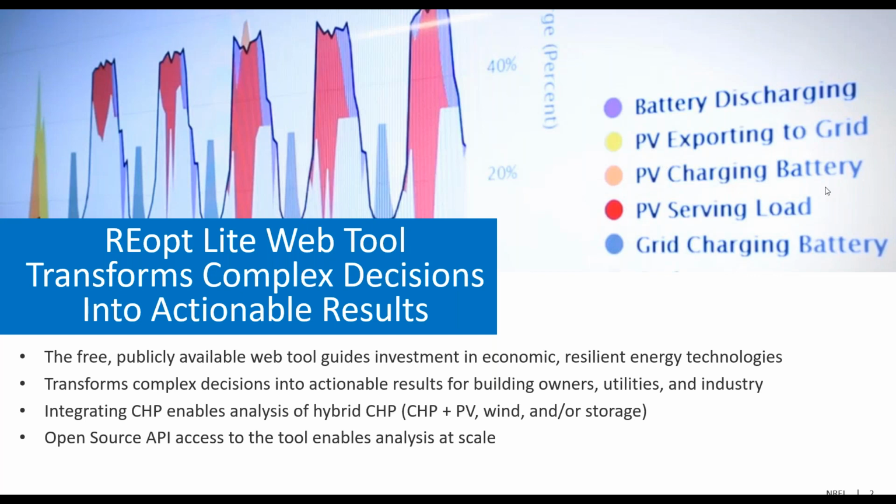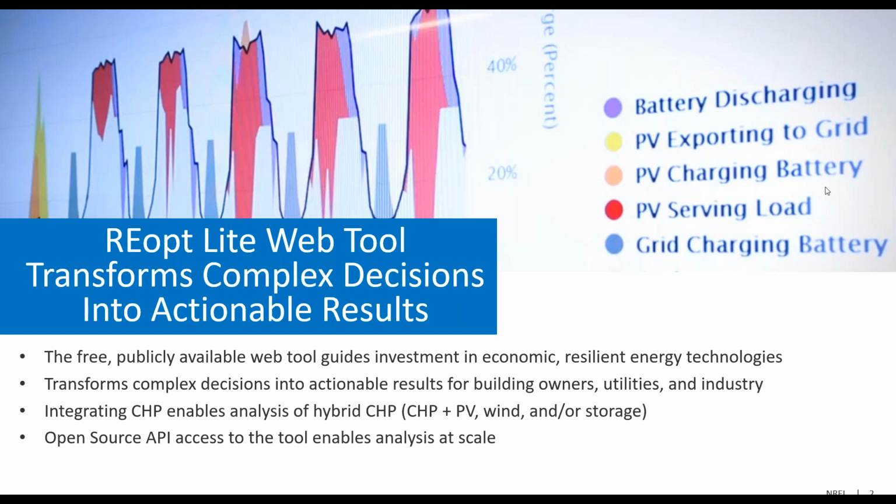All right, so diving in, REopt Lite is a free, publicly available web tool that's used to guide investment in economic and resilient distributed energy technologies. The first release of the REopt Lite model a couple of years ago, which was funded by the Department of Energy's Federal Energy Management Program, modeled solar PV, wind, and battery storage.